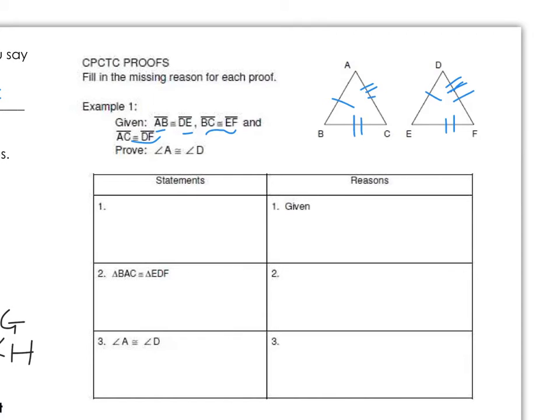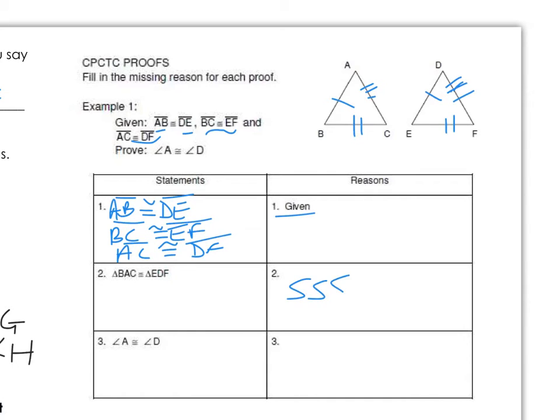So we always start with our given, so we're just going to copy those three statements to our given. And AC congruent to DF. So that's our given. You can already say that the two triangles are congruent because they both have side, side, side.